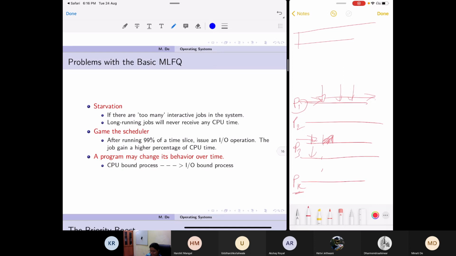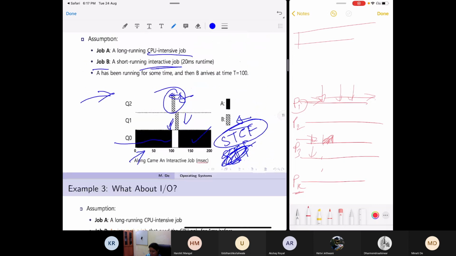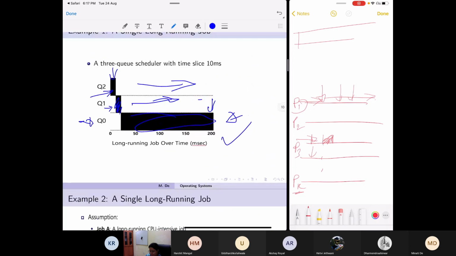And a third problem is that we also did not incorporate something like this. For example, we said that we have realized that this big job was running in the highest priority level when it came, and we thought that it is a CPU oriented job because it utilized its full time slice.